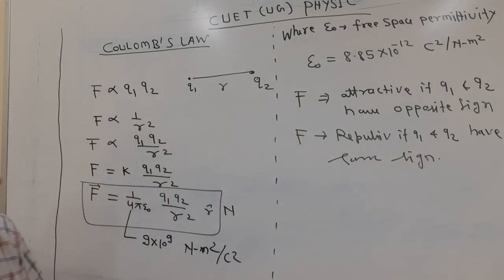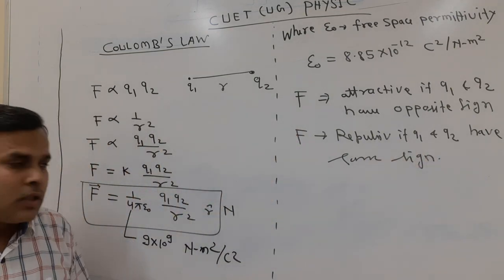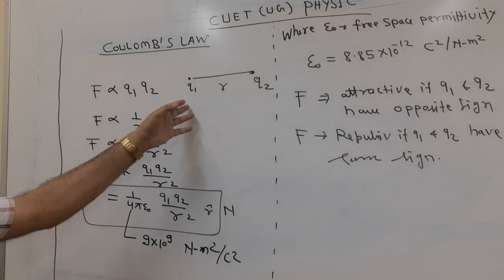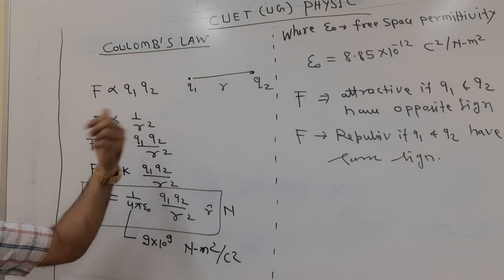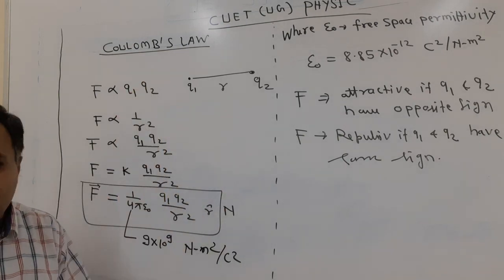So this is the way to understand Coulomb's law, which states that the force between these two point charges is directly proportional to the product of charges and inversely proportional to the square of distance.